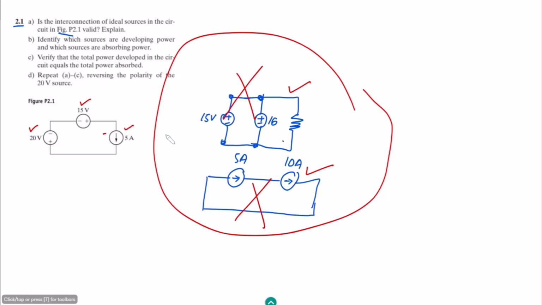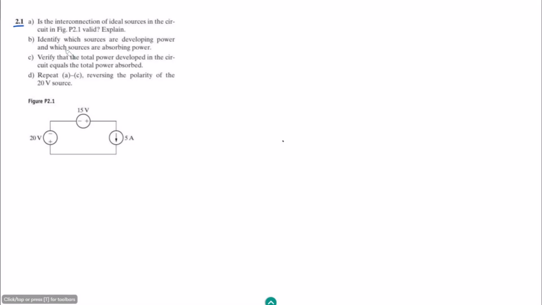Let me remove it. In part B of the question, identify which sources are developing power and which sources are absorbing power. To discuss which sources absorb and which develop power, let us first consider this current which is flowing in the clockwise direction.